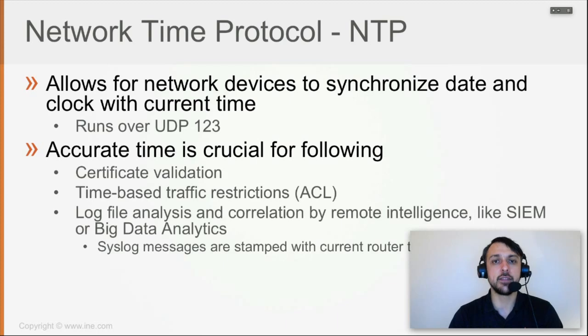If the router has to do any kind of certificate validation, then it has to make sure that the time is accurate, because otherwise it may end up validating a certificate which is actually invalid, not within the time window of its validity, or believing that a certificate which is valid is not valid because the router's clock time is way behind or way ahead of the current time around the globe.